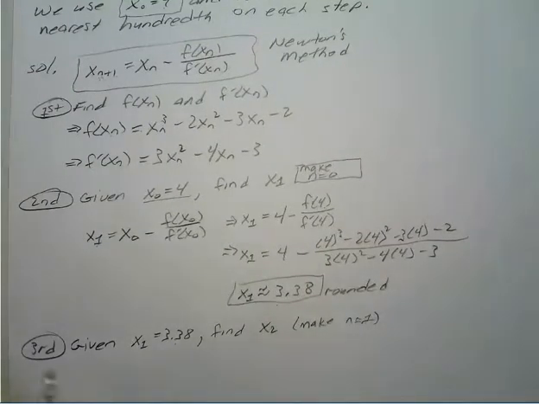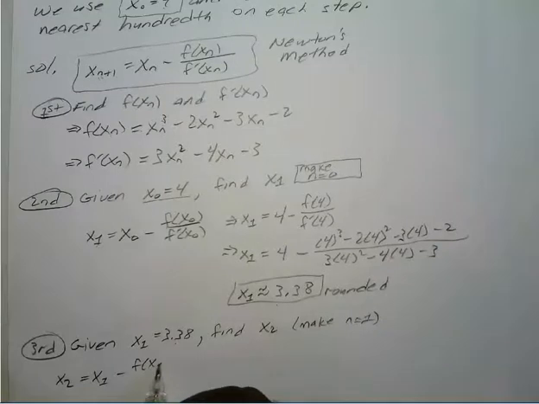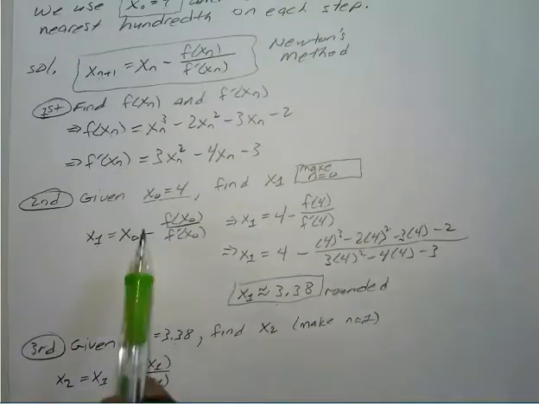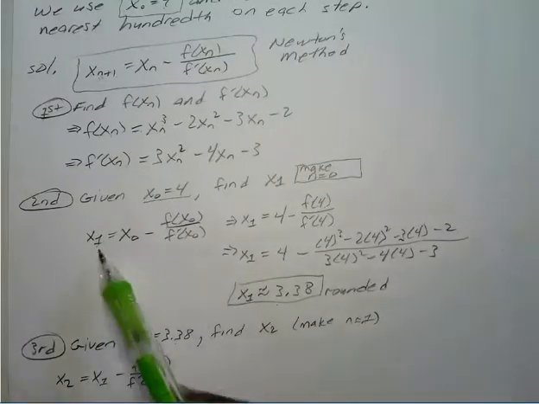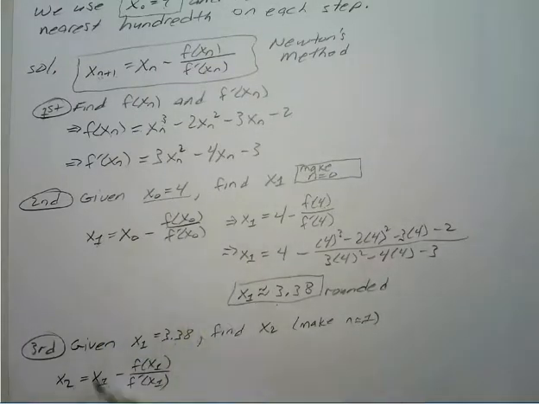So x sub 2 is equal to x sub 1 minus f of x sub 1 all over f prime of x sub 1. You see the subtle similarities in these two. Everything just goes up 1. This changes to 2, these change to 1. All of those sub values go up 1.